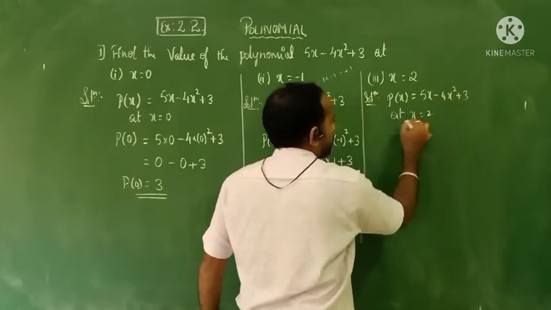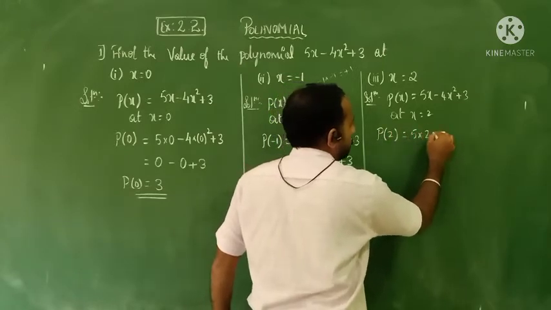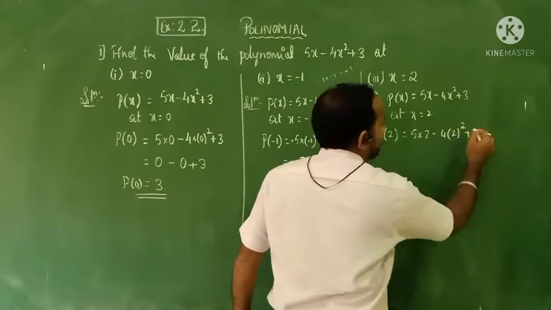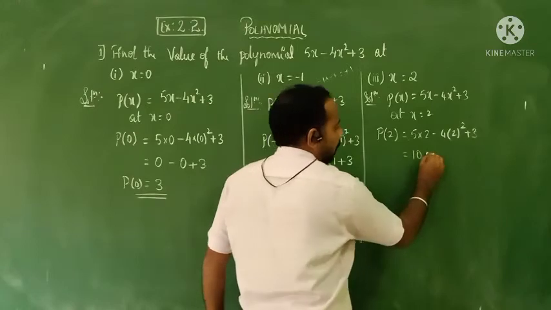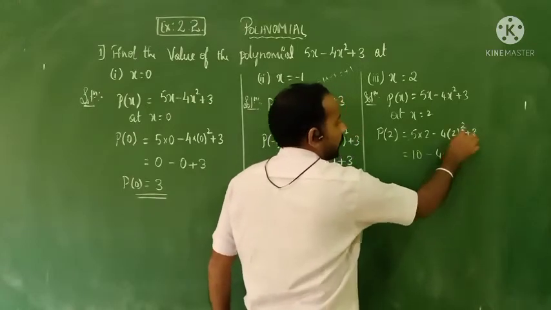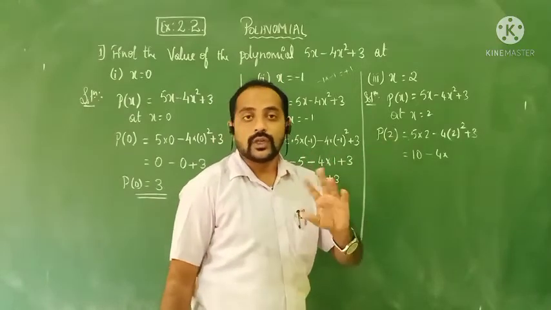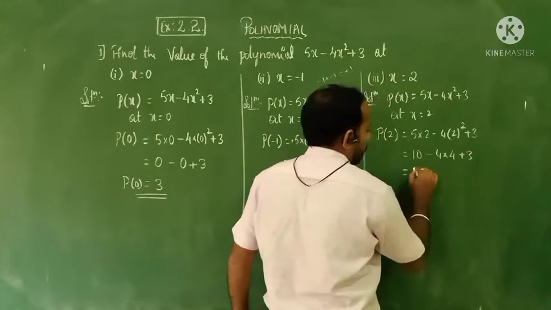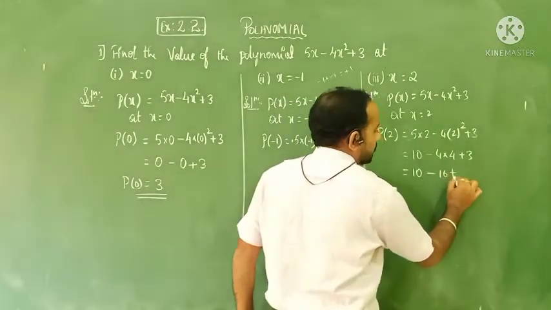x equals 2. Then p of 2 is equal to 5 into 2 minus 4 into 2 whole square plus 3. 5 twos are 10, minus 4 into 2 square, which is 2 twos are 4, plus 3. 10 minus 4 fours are 16, plus 3.